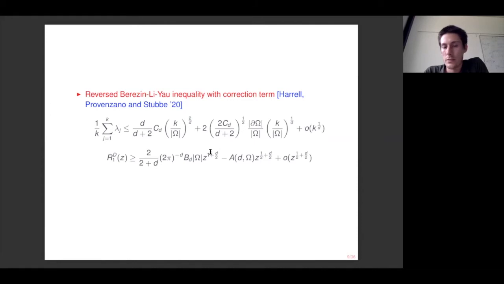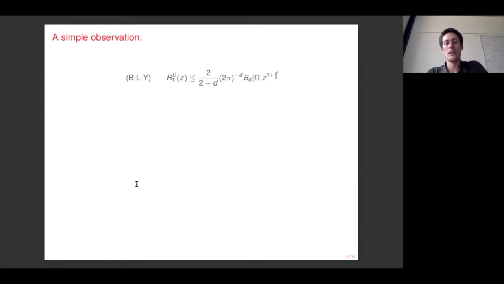These are of course only some results for the Dirichlet Laplacian, and this doesn't want to be in any sense a review of this matter, but only some results which I think are interesting from the point of view of this presentation. And let me finish this first part about the Laplacian with a very, very simple observation.